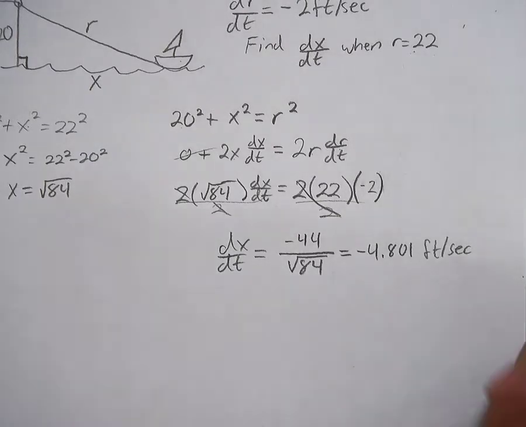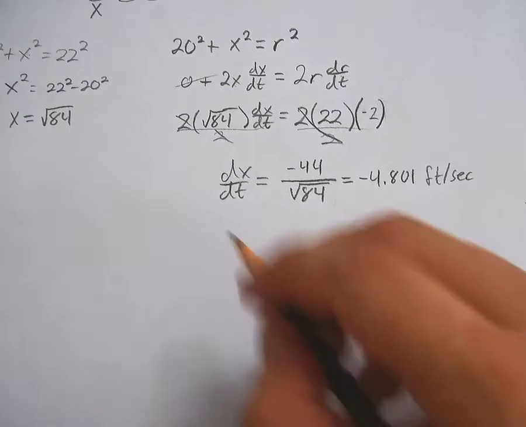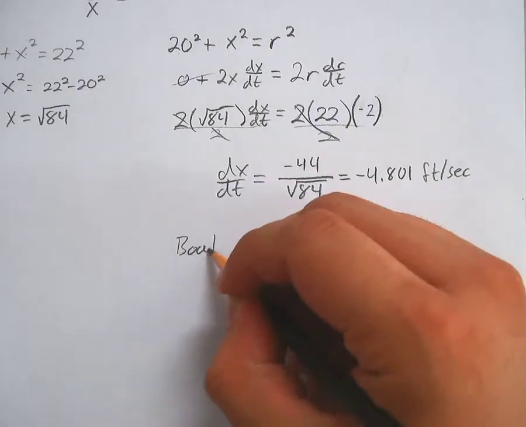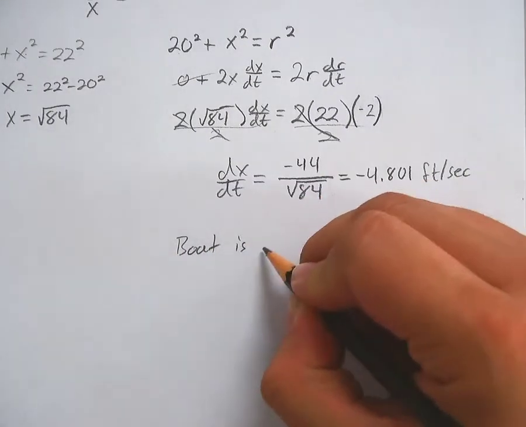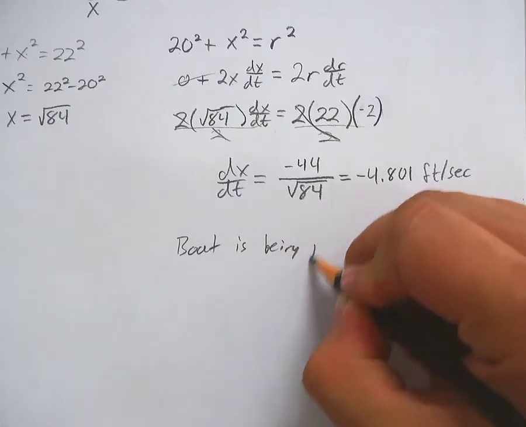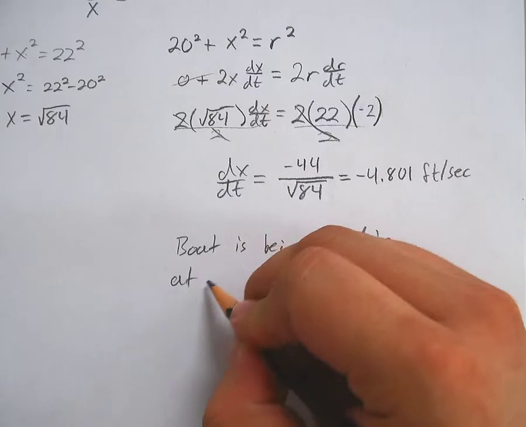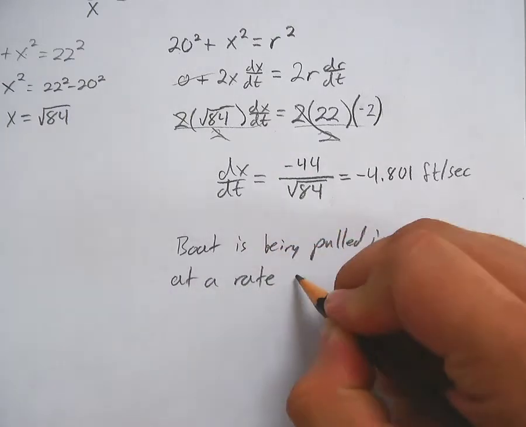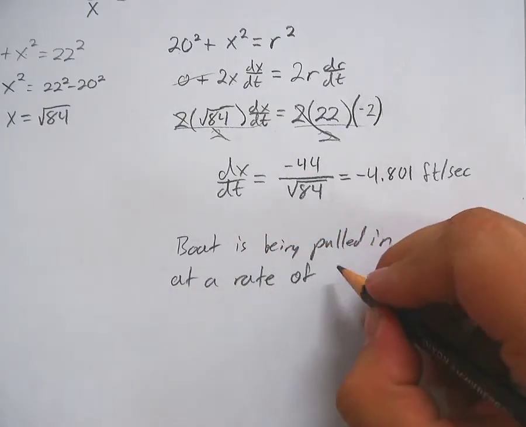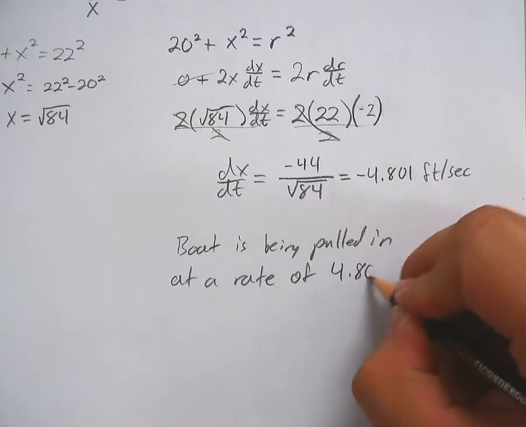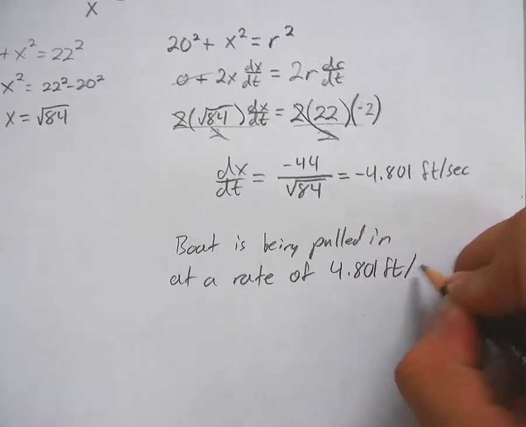So let's apply it to the situation. Write this out here. The boat is being pulled in at a rate of 4.801 feet per second.